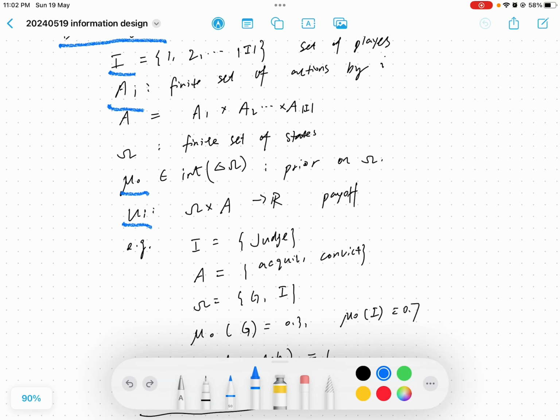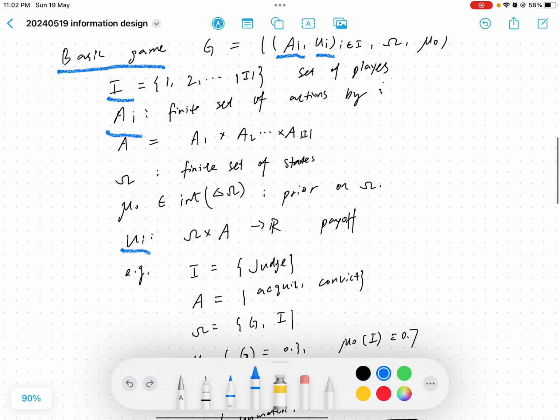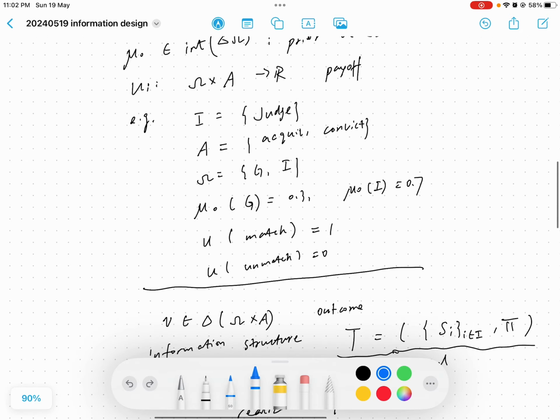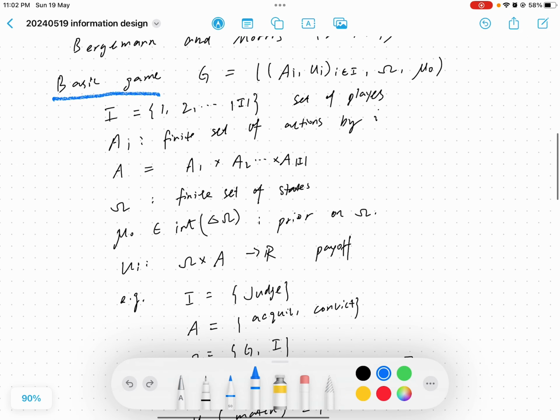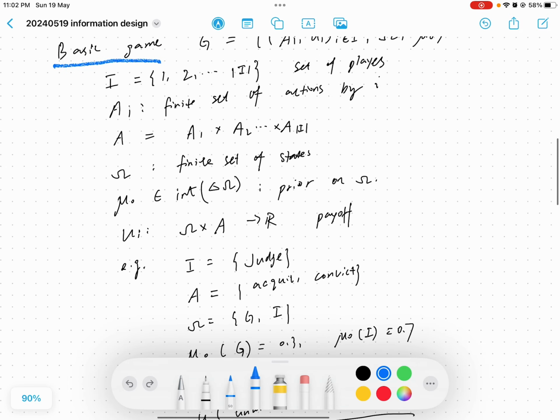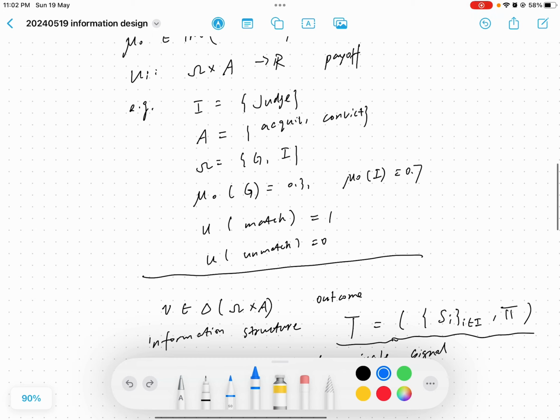Okay, all right, so now we have those definitions and notations, and those are quite similar to what we have defined in the standard Bayesian persuasion approach, right? So let's review our example. As I just mentioned, we have only one player, which is the judge, in this set of the players, but the other settings are quite similar.